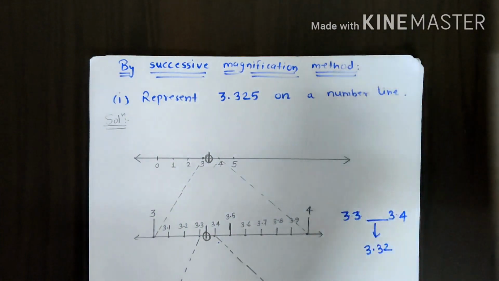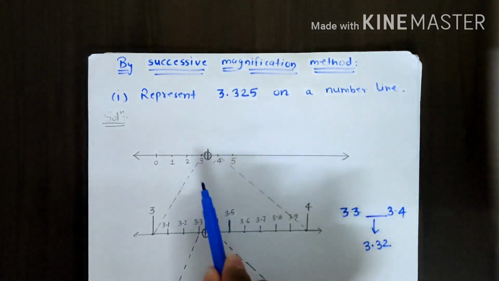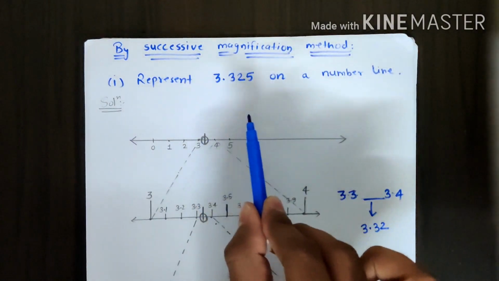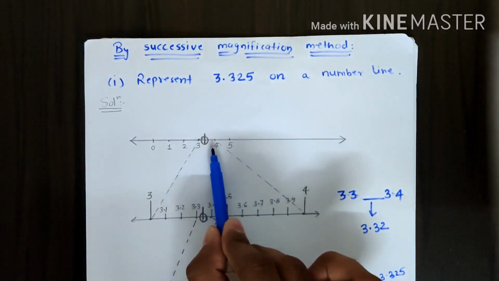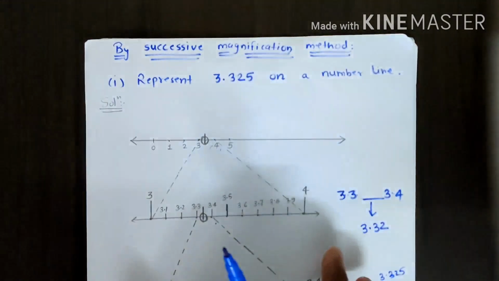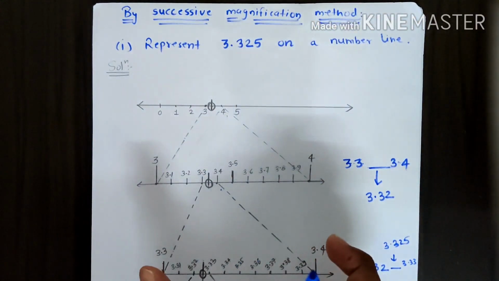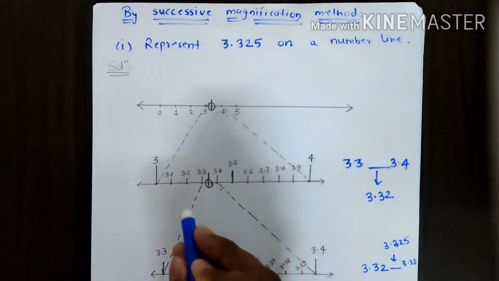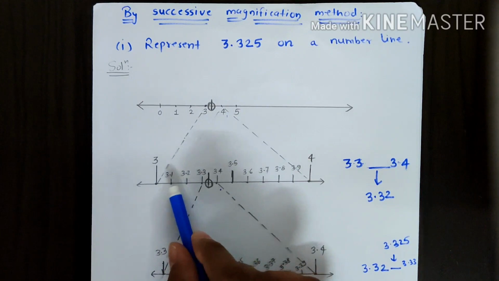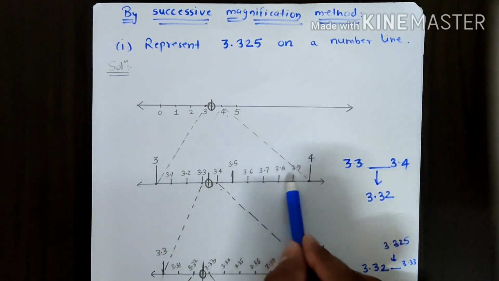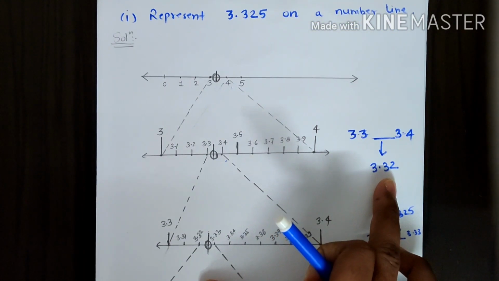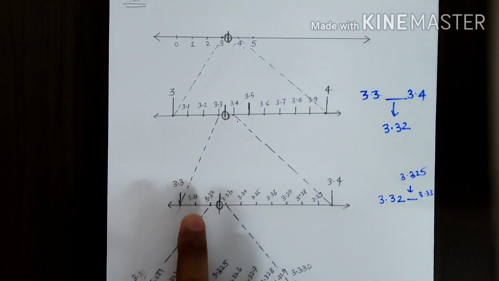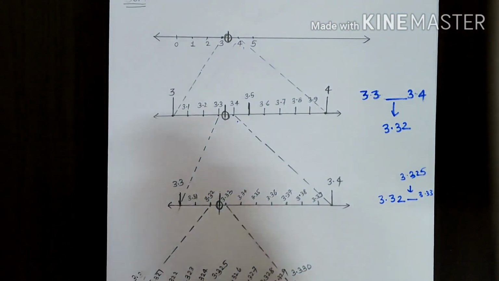Again I am explaining in short. 3.325 will come between 3 and 4. So we need to magnify in between 3 and 4. When we magnify, there are 10 parts, so it will increase up to 1 decimal place. So 3.31, 3.32 and so on. Again 3.32, next decimal place. So we need to magnify 3.32 to 3.33.